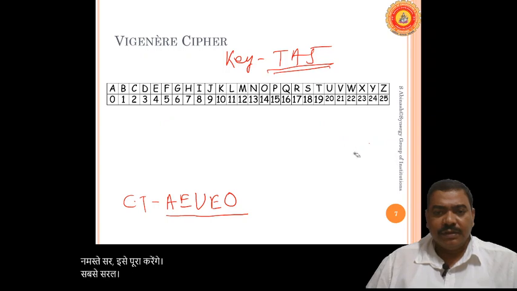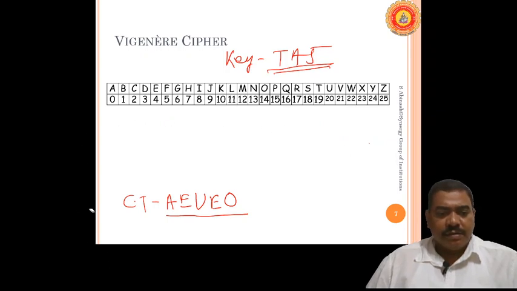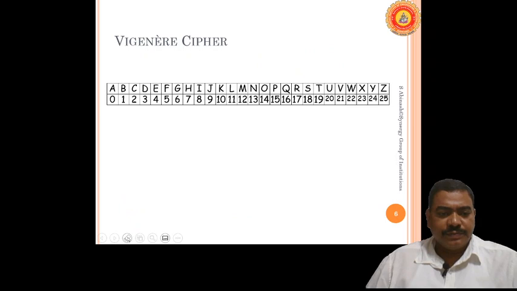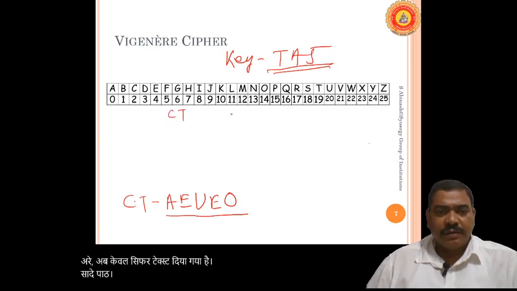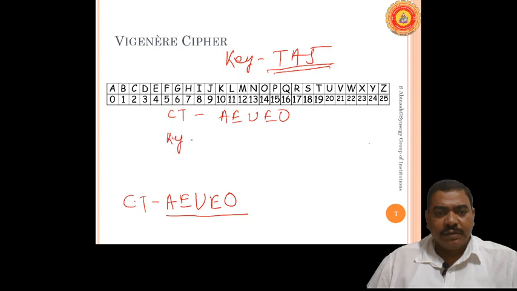We have to find out the plaintext. The ciphertext is given, that is A E U E O, and the key you already know, that is T A J T A. Ignore the J.